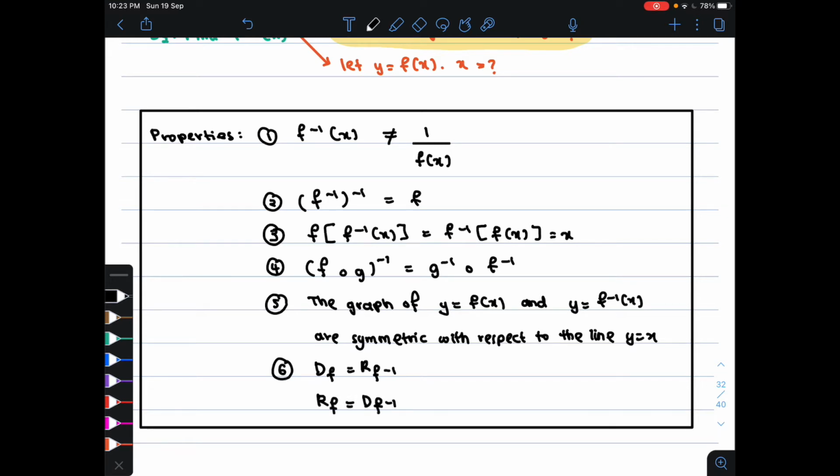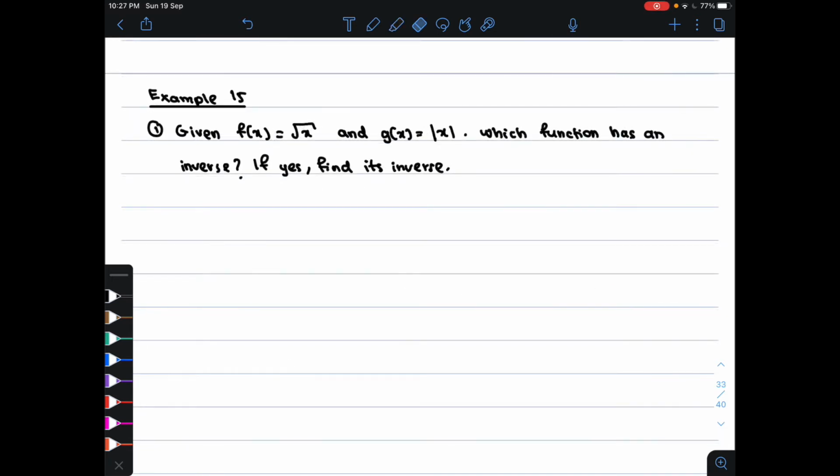And the range of f is the same as the domain of f inverse. So basically kamu terbalikkan saja. Kalau domain untuk function fx, dia akan jadi range untuk f inverse. Kalau range untuk fx, dia akan jadi domain untuk f inverse. Dia terbalik saja. And that is how you find the domain and range for both function fx and inverse function f inverse. Let's do example 15, question 1.